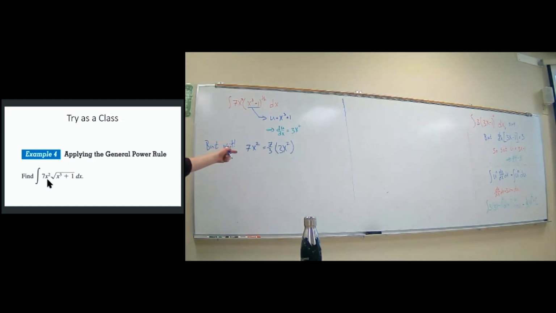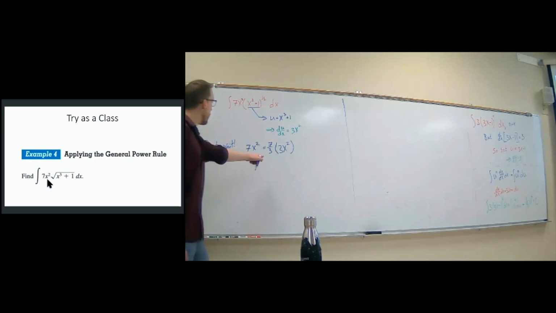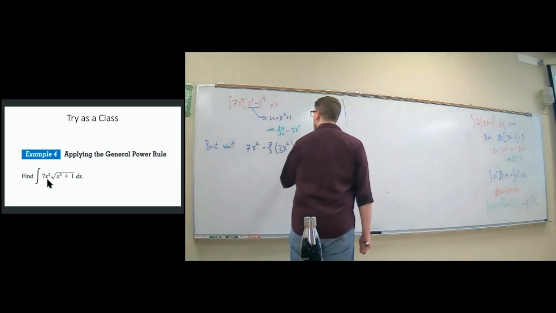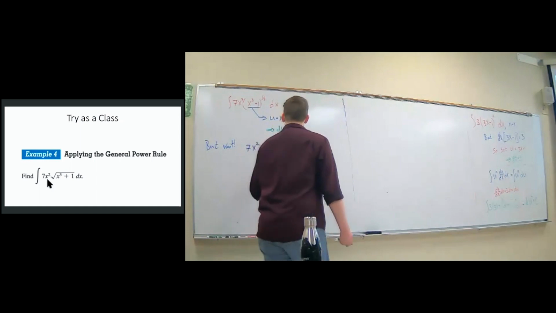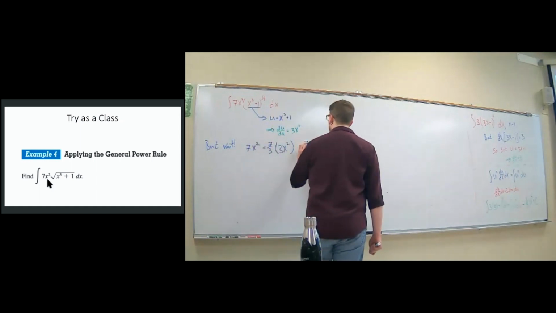So if that's the case, then 7x squared, that's really equal to 7 over 3 times du dx.